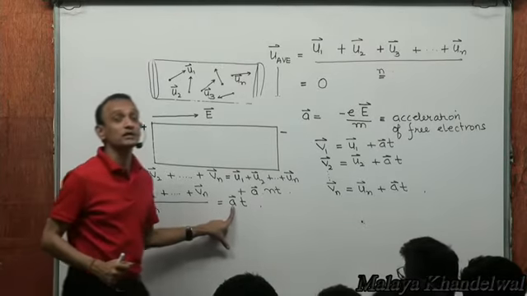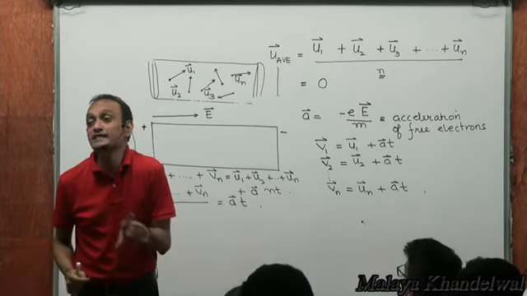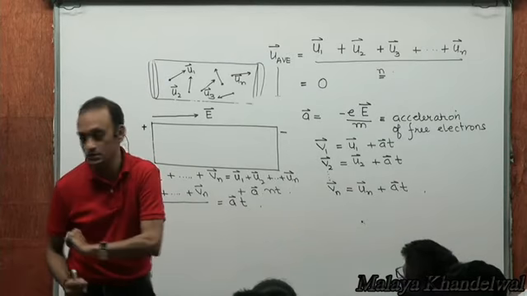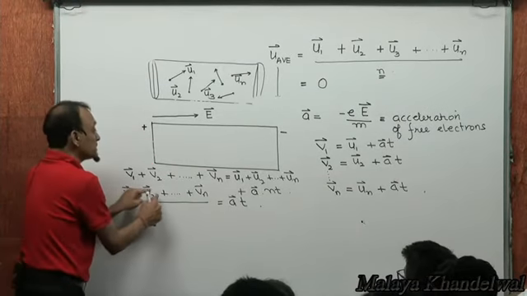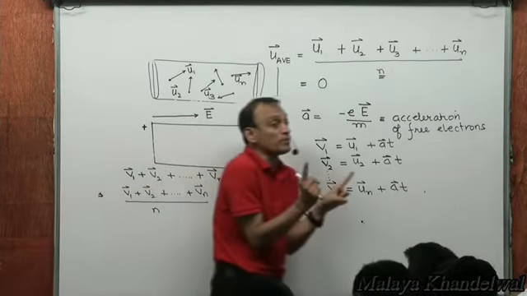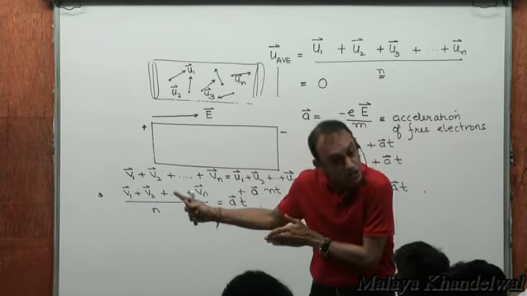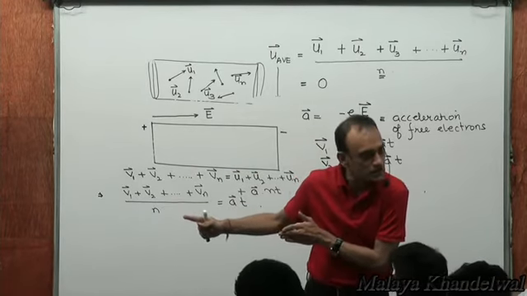A is the acceleration produced by the electric field on each of the electrons. Then this v1 plus v2 plus vn, these are the velocity profiles after a uniform electric field was applied to that piece of conducting matter, right?